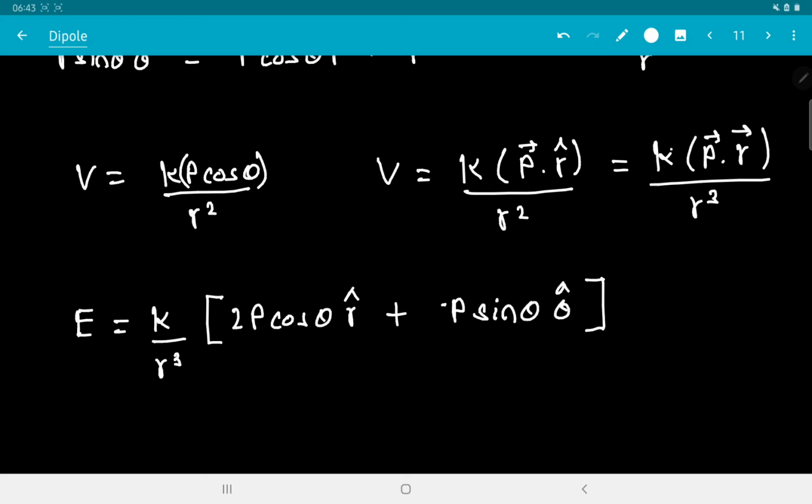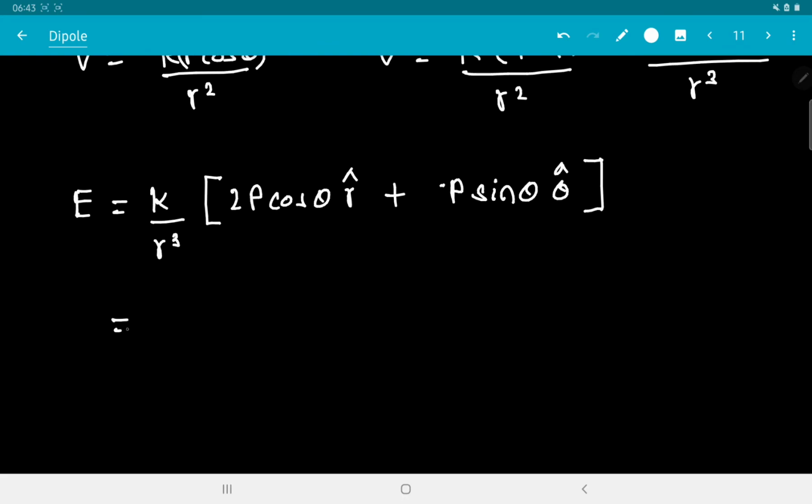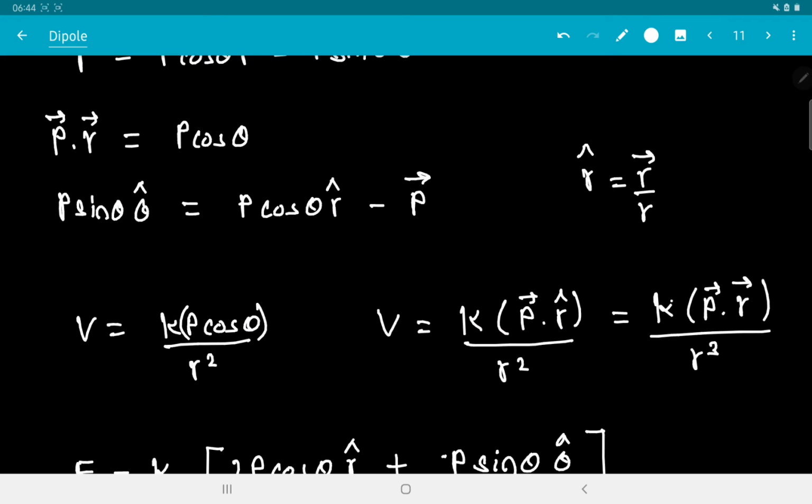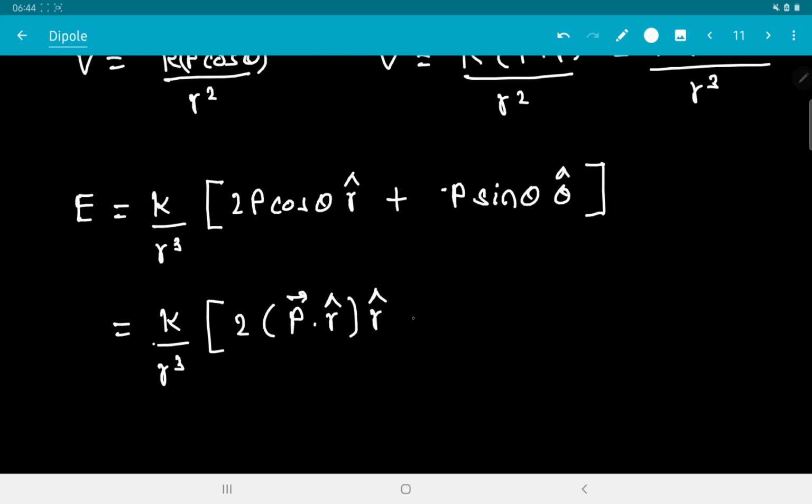We have already created substitutions for this, so we'll have k divided by r cube. 2 p cos theta can be written as p dot r cap into r cap, and for p sin theta theta cap we have found the substitution p cos theta r cap minus p vector.